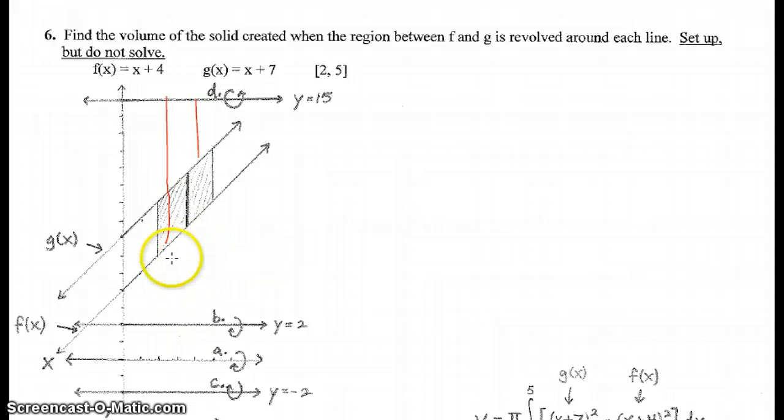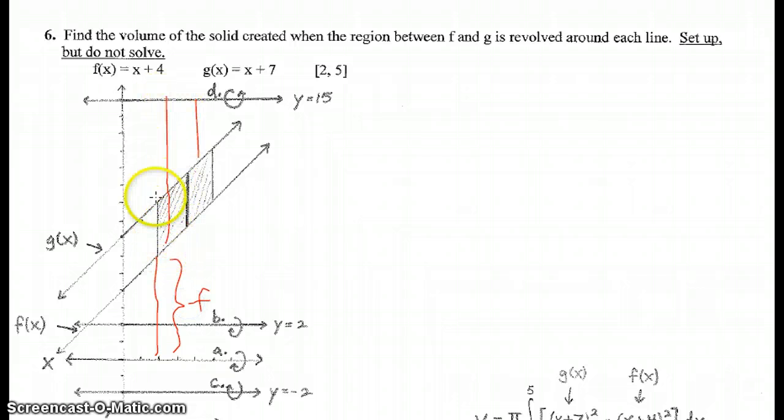However, my f function, if I'm measuring it, always goes back to the x-axis. So if f comes back to the x-axis, that means this right here is f, but I want this to be my outer radius.